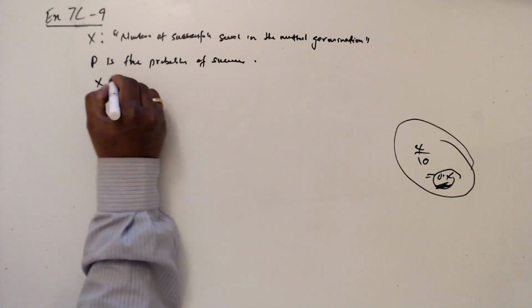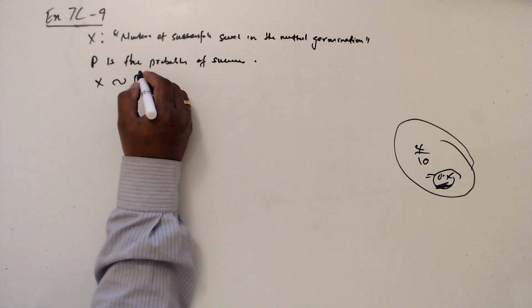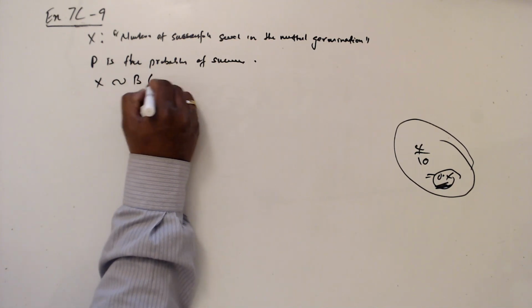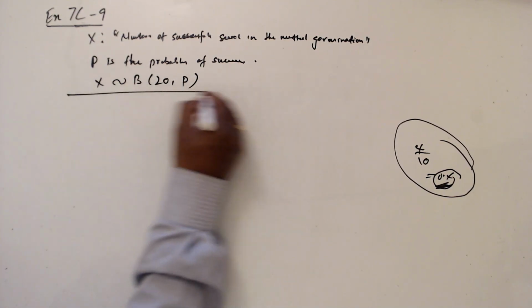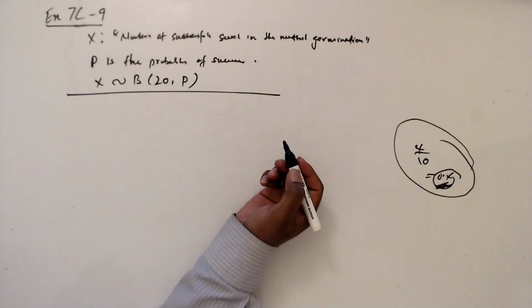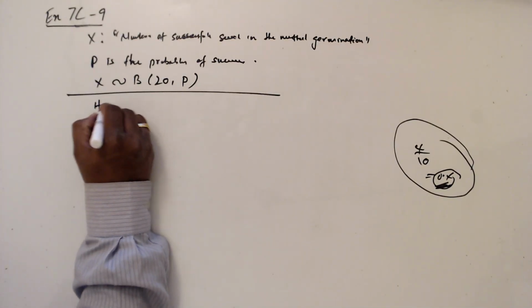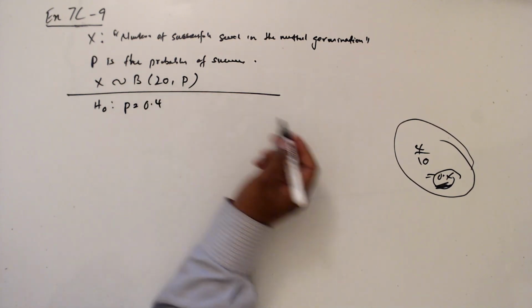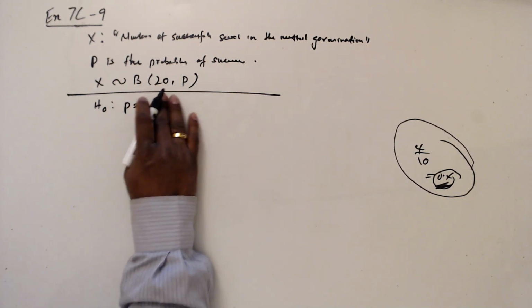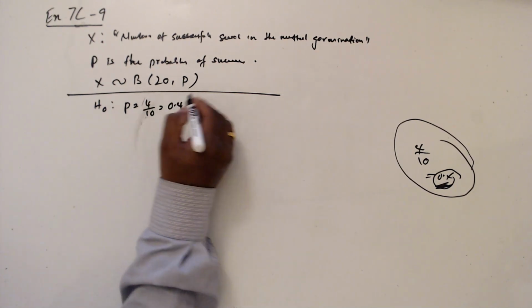In general, X follows binomial 20, p, the 20 slots. H naught is p equal 0.4, 4 out of 10, that is 0.4.